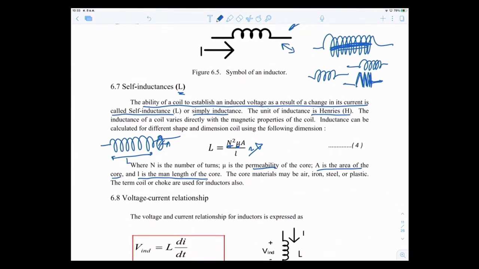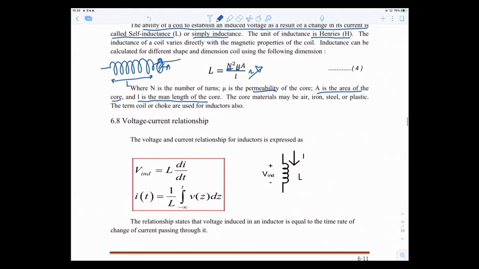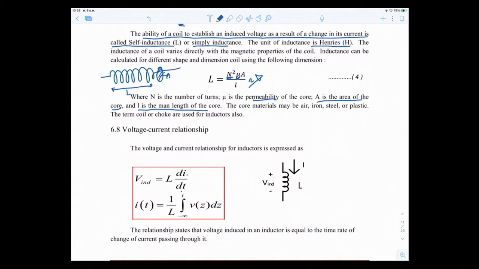Now we jump right to the voltage and current relationship. There must be a change in the current, di/dt, to get the voltage induced. With the current passing through L, the voltage drop is such that this end is positive and this end is negative, in the direction of the current going in. The formula is v = L di/dt. It's not the same as the capacitor, where i = C dv/dt. So remember: there must be a changing current to induce the voltage, v = L di/dt.